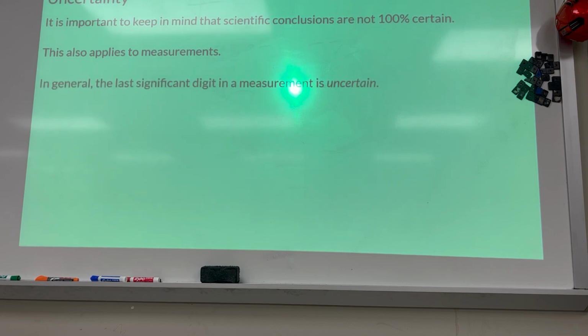And so what we'll say is the last significant digit in the measurement is uncertain, meaning you might have estimated it correctly, you might have not. And we're just going to say that there's a give or take, a range of 1, so to speak.